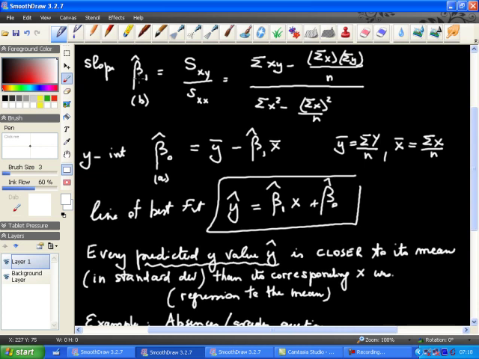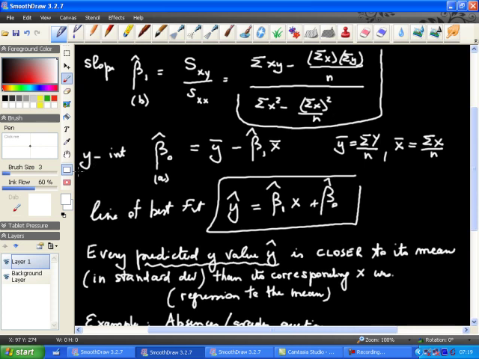The slope beta 1 hat is equal to Sxy over Sxx, so the numerator is identical to the numerator of the formula for the correlation coefficient. It's the sum of xy minus the sum of x times the sum of y divided by n, divided by basically the numerator of the variance, the sum of x squared minus the sum of x, squared, and then divided by n. Of course there are various formulas, but this is the one that I will be using.